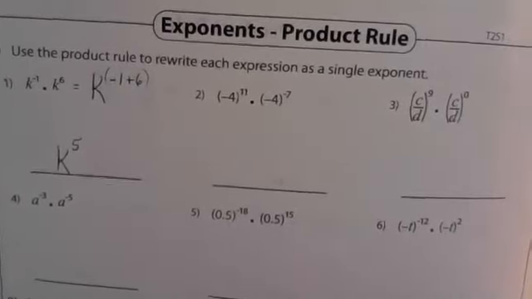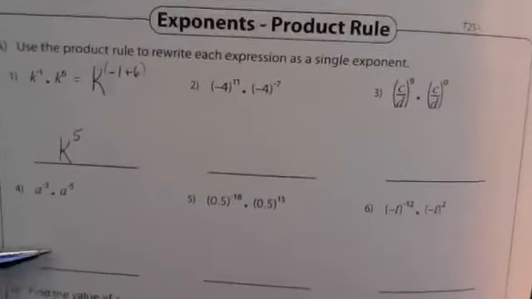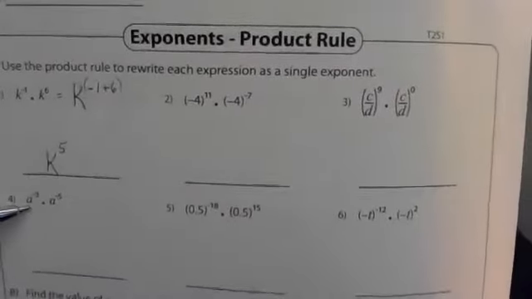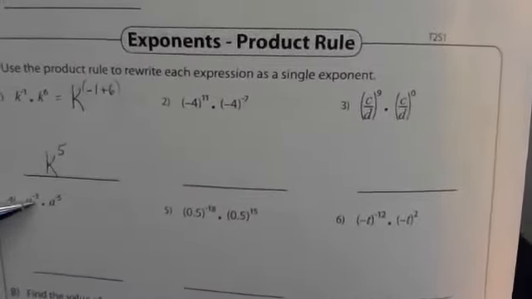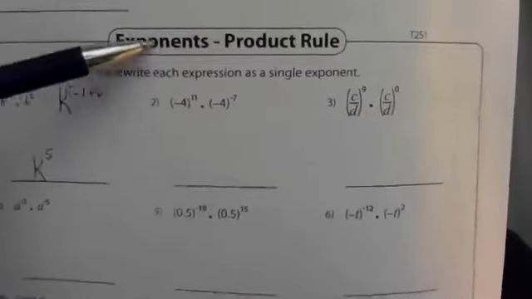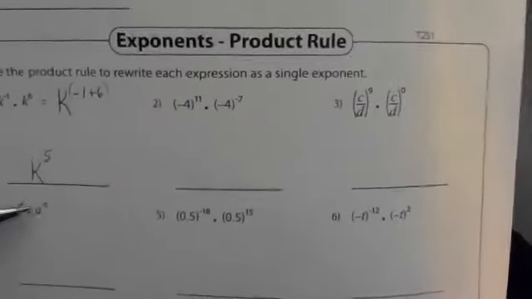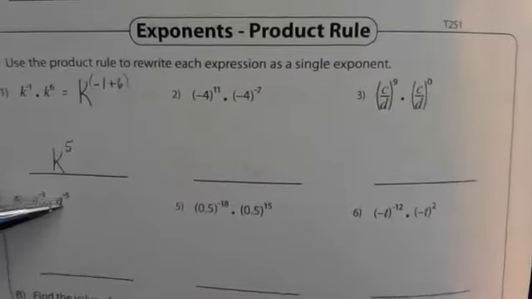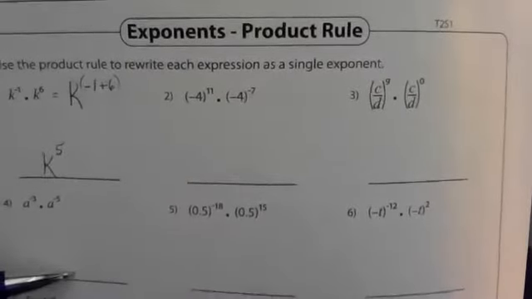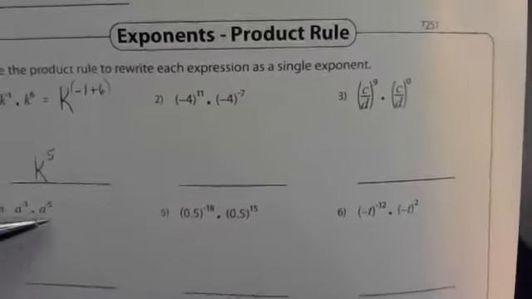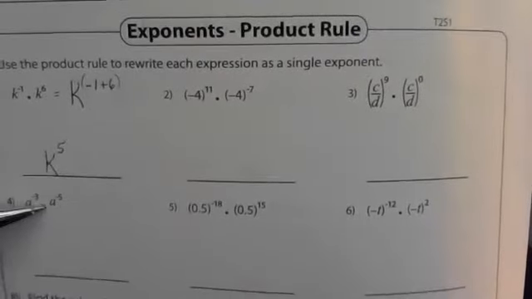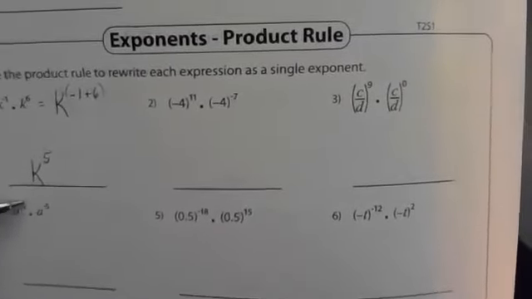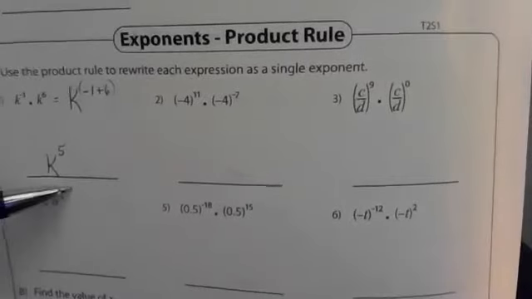Okay, let's look at number 4 because that happens to be on my screen right now. The big numbers are the bases. And in order to use this rule, your bases have to be the same. So my A's are the same, so my answer will be an A. Then, because they're being multiplied, I only have to add the exponents.